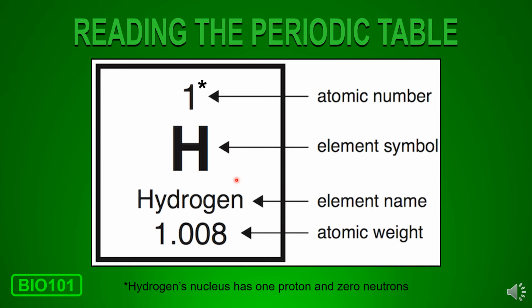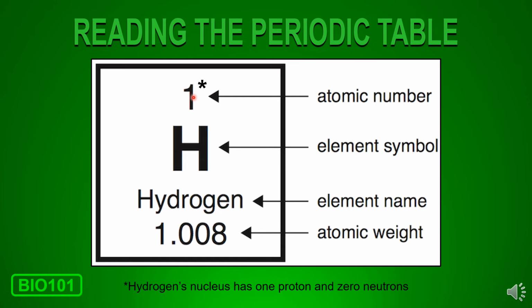Depends on the source, but most of the information is here, starting, you usually see it in a little box like this. Starting with the element's symbol. Right? In this case, capital H, I've already told you before, H stands for hydrogen. You can see the element's name down here. Element's name is not always there, but for our purposes, it will be. So capital H is the symbol, the name of the element is hydrogen.